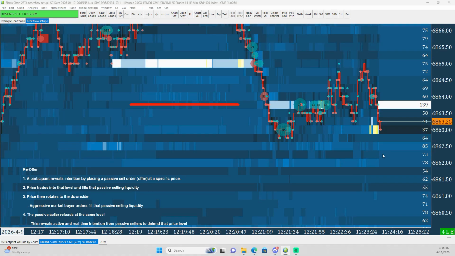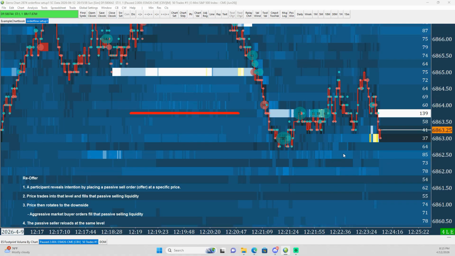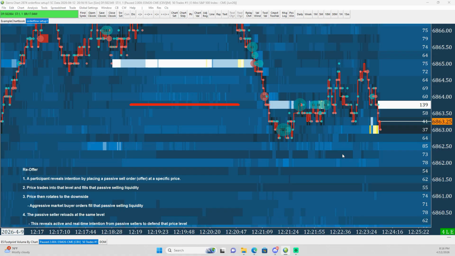And just a few things before we carry on with this. Don't think so rigidly about the reoffer or the rebid setup, or really any playbook setup. What this is all about is recognizing a repeated passive selling presence within the reoffer specifically. And so that's not to say that an offer and then reoffer activity has to occur at that same price level.